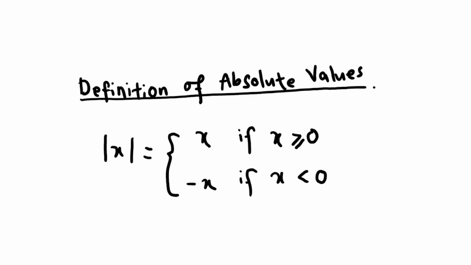The absolute value of a real number x, written as modulus x, is defined as either positive x if x is greater than or equal to 0, or negative x if x is less than 0.